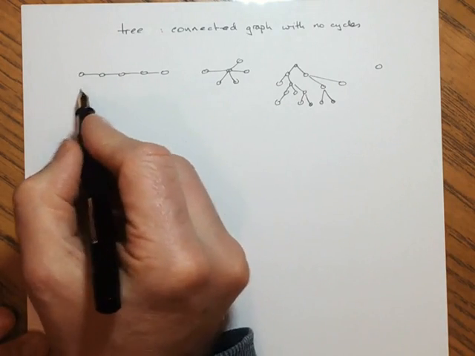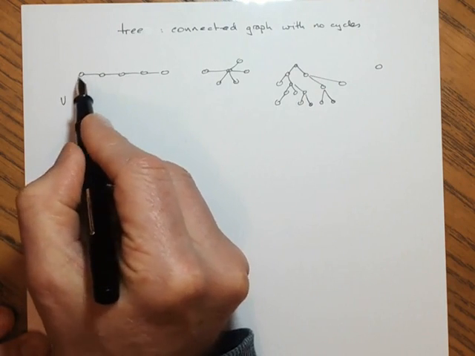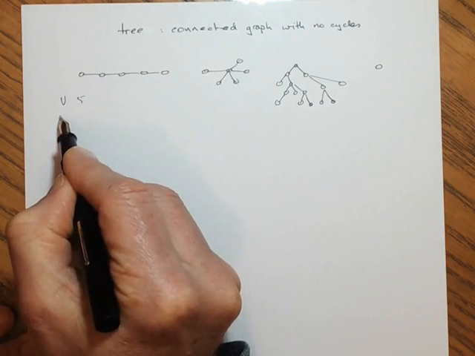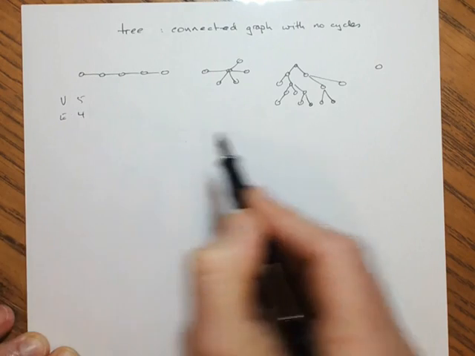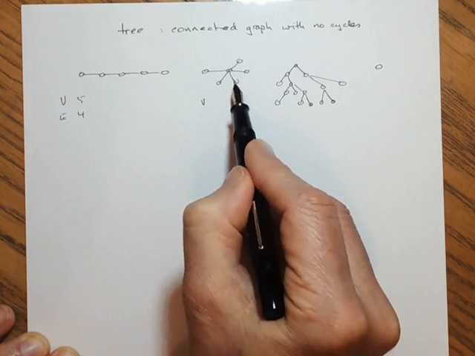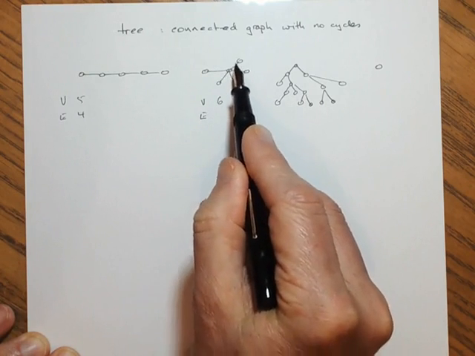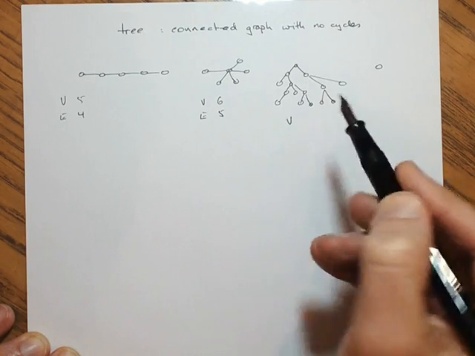if we count the number of vertices here, 1, 2, 3, 4, 5 vertices, and how many edges? 1, 2, 3, 4 edges. Here, how many vertices? 1, 2, 3, 4, 5, 6. How many edges? 1, 2, 3, 4, 5. How many vertices in this one?